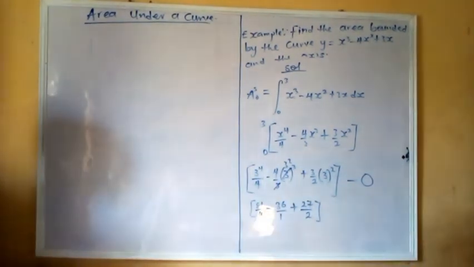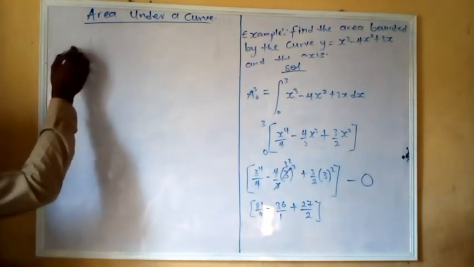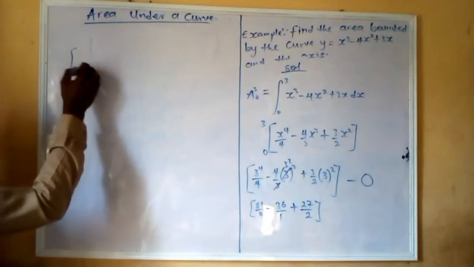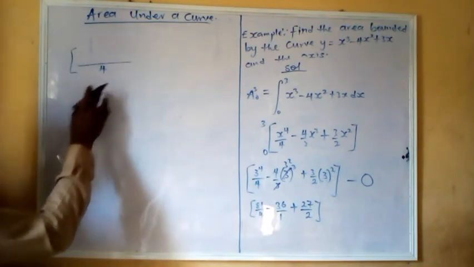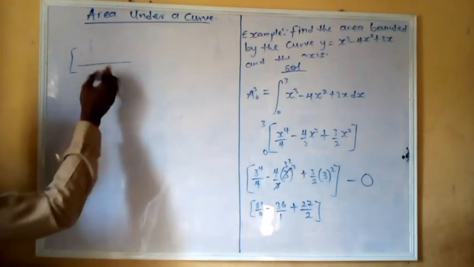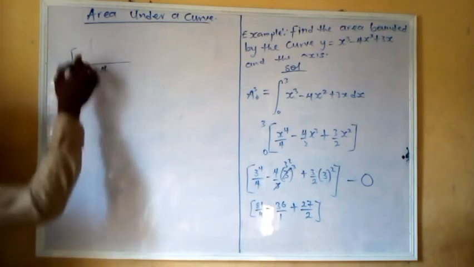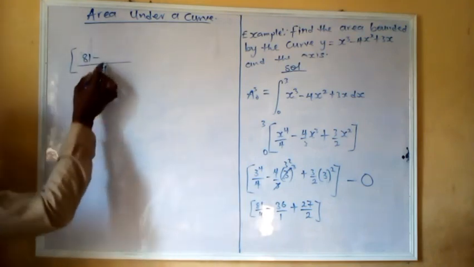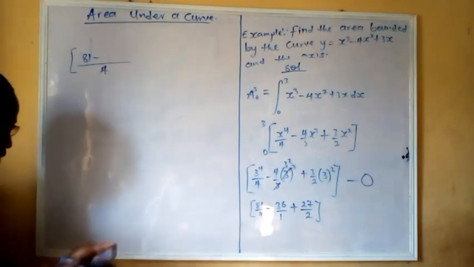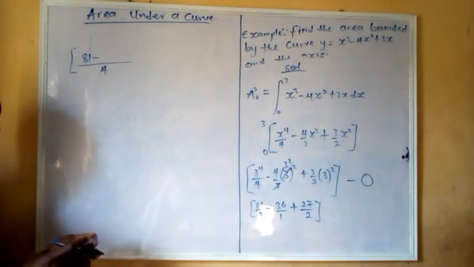So easy. We can add all together and get the value of the area. Which is 81. The LCM actually is 4. So 4 in 4 is 1. That is 81 minus, 1 in 36 is 4, so we have 4 times 36.